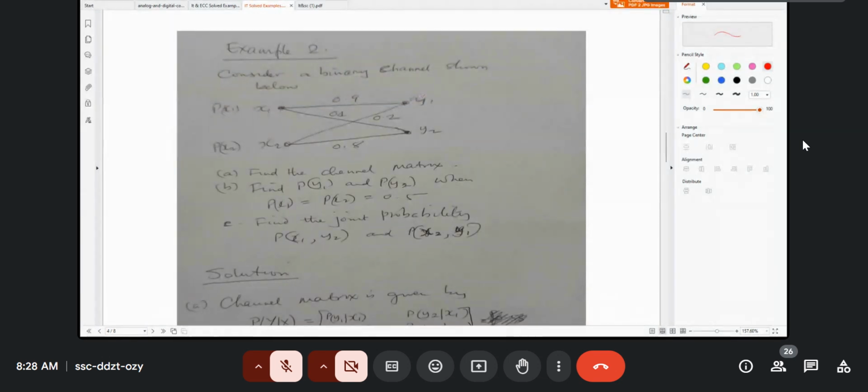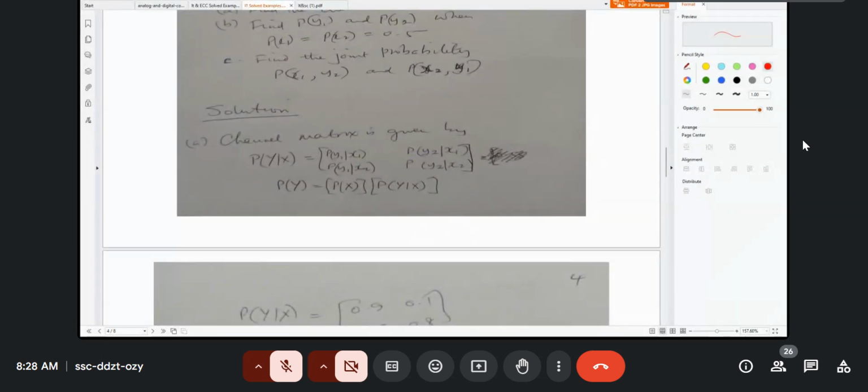P of y1 given x2 is 0.2. So y1 given x1 is 0.9, and y1 given x2 is 0.2.